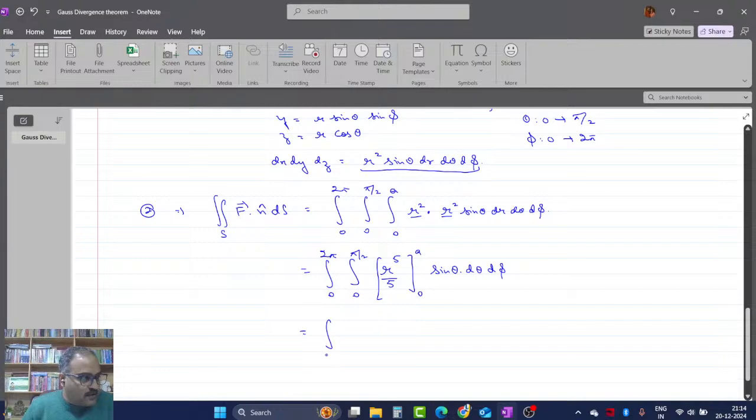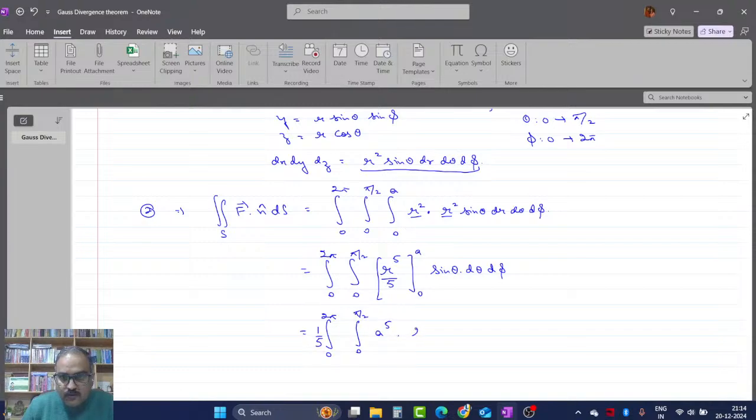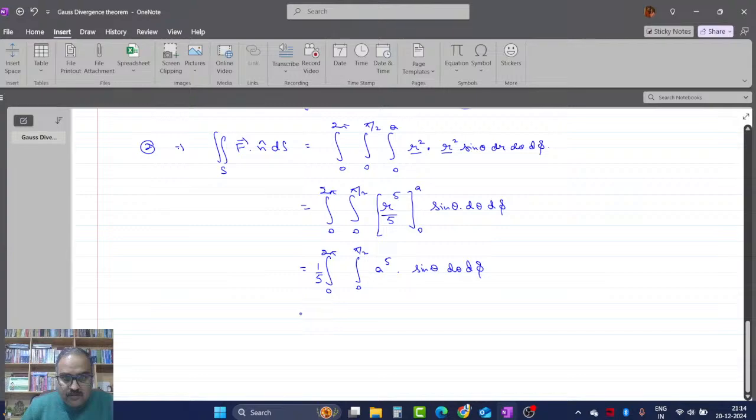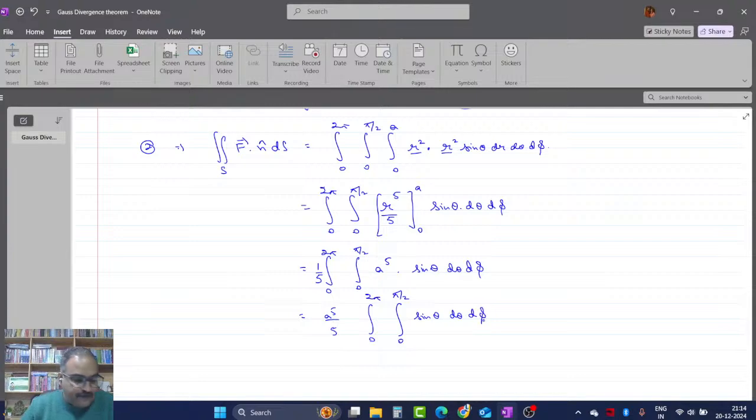That is equal to 0 to 2 pi, 0 to pi by 2, this 1 by 5 I am taking out common, a raised to power 5 into sin theta d theta and d phi.